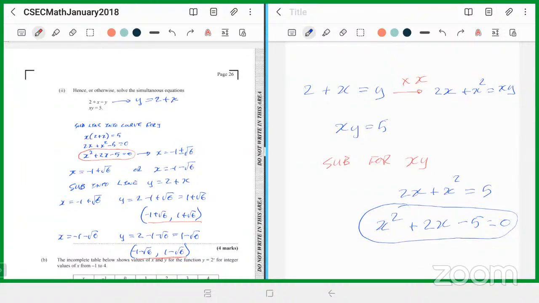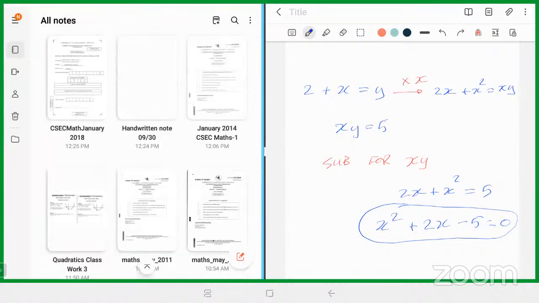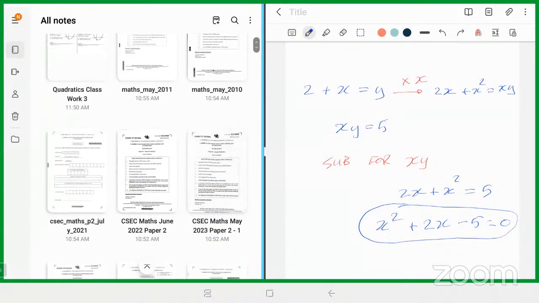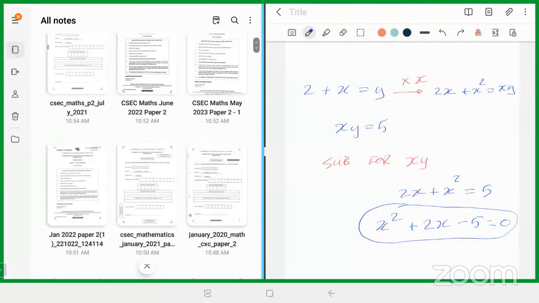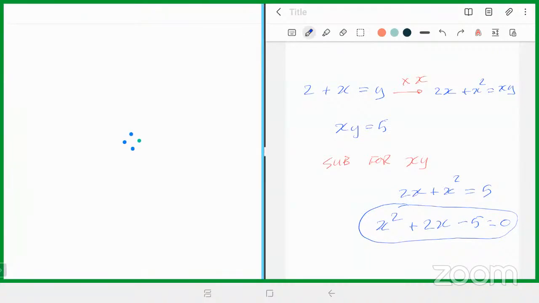All right, let's look at January 2020. There's another question on it. This is another simultaneous equation. I don't think we're going to see any more of the curves. So I think we're going to see simultaneous equations.